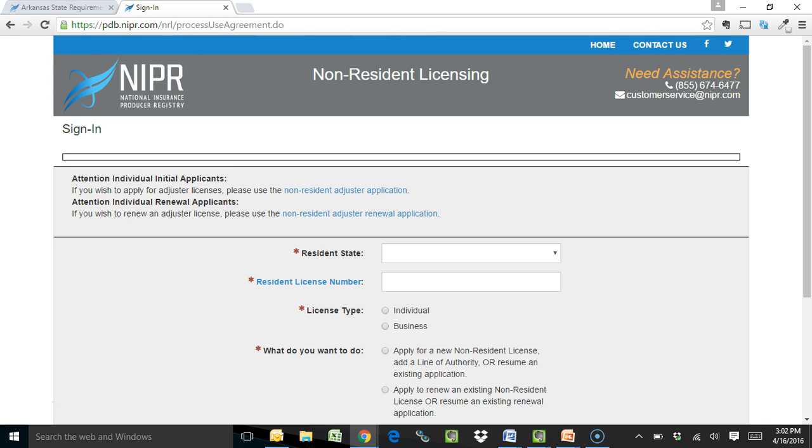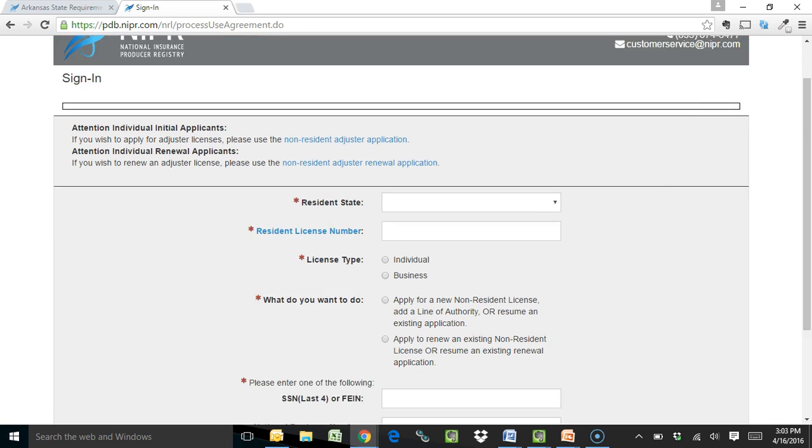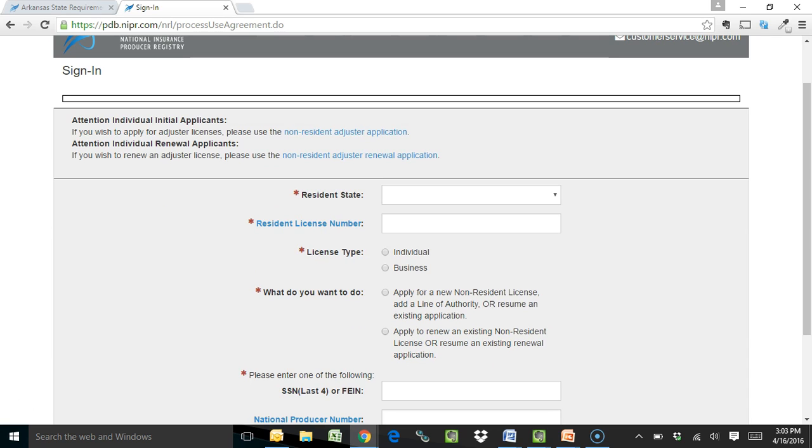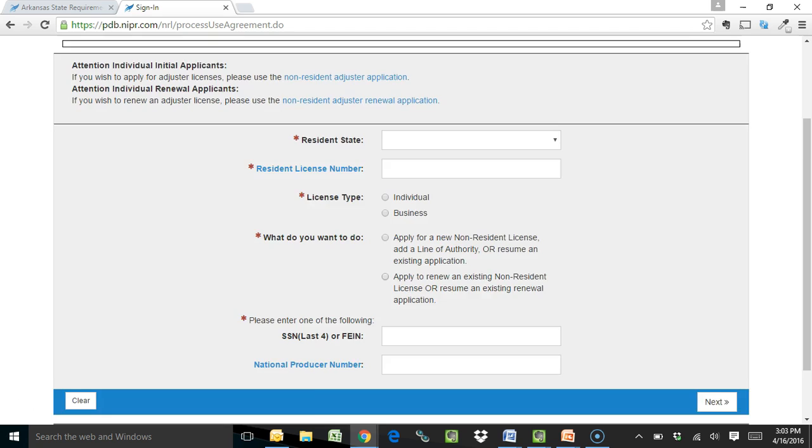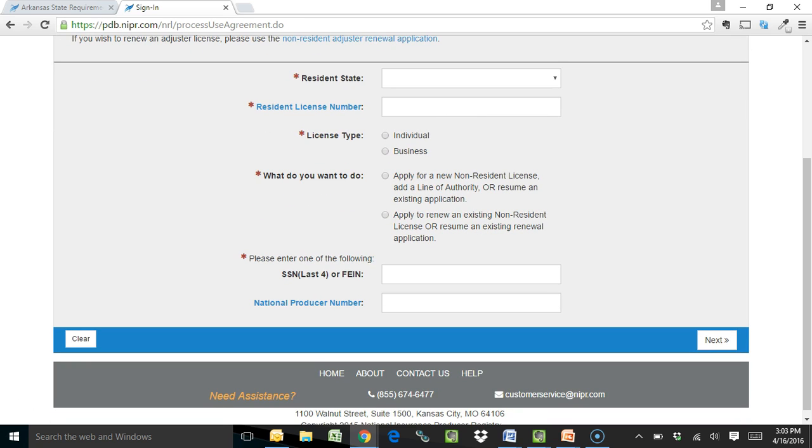So even though as an individual you may look at it as this is your business, the business is generally speaking talking about a business entity. You'd click here that you're applying for a new license. Now if you're doing a renewal, because as a non-resident license you still have to renew your license, you could use this page here as well, and then you would put in your social security number, or the last four anyway, or if it was a business you'd be putting in your tax ID, and then you could also put in your national producer number here as well.